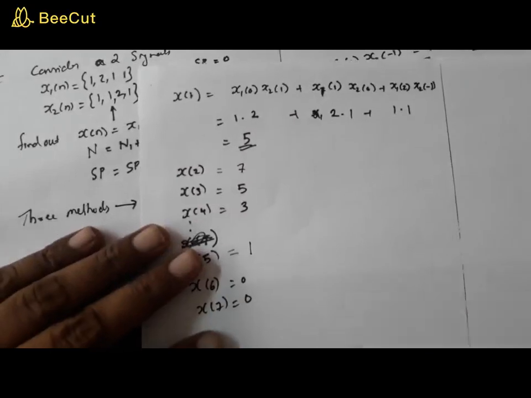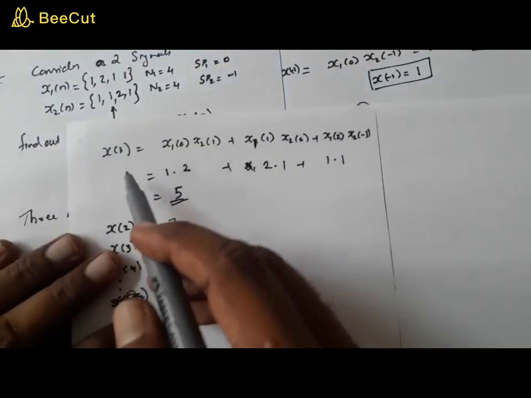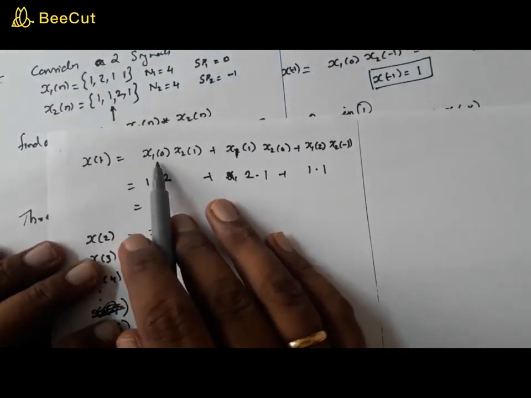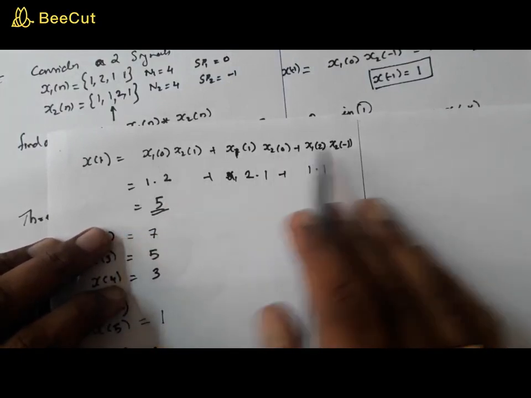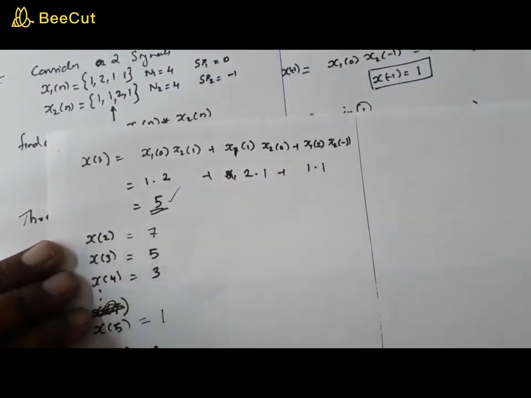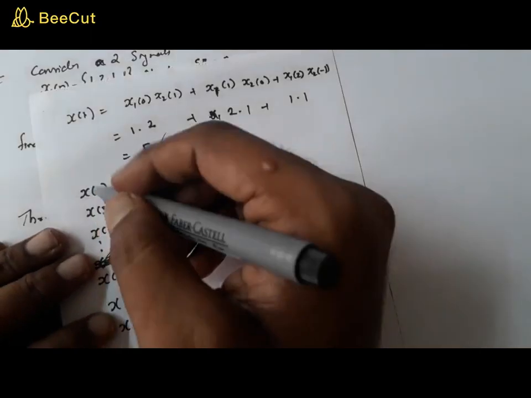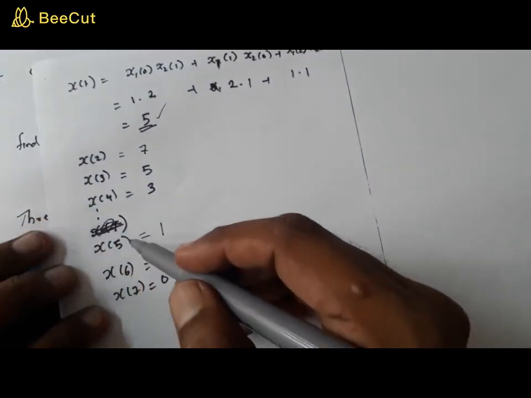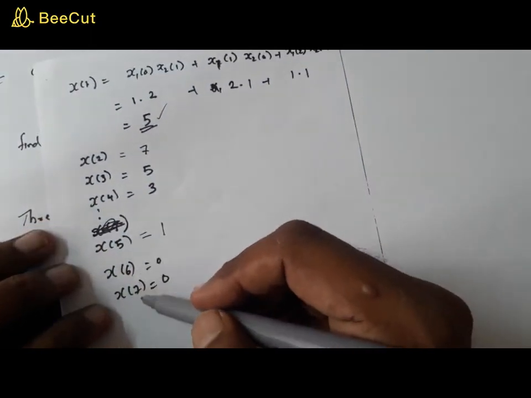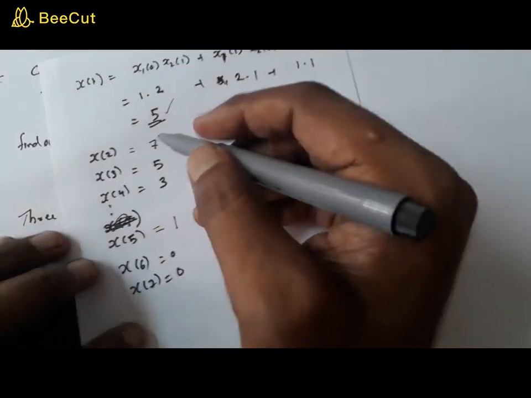Here it is. So x of 1 is also being done for you; when you expand you will get the answer to be equal to 5. In this way you may find out x of 2, x of 3, x of 4, x of 5 and x of 6. You are going to get answers like this.